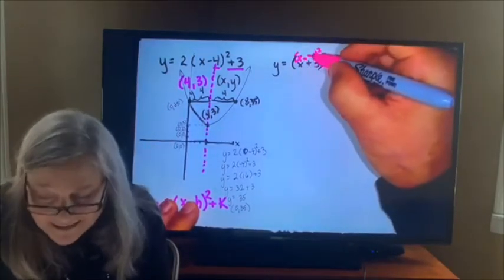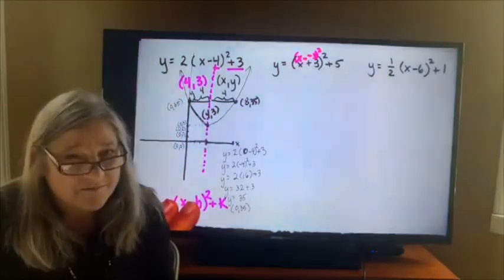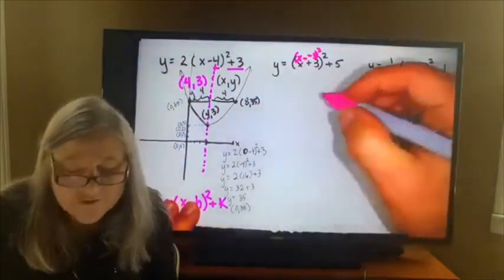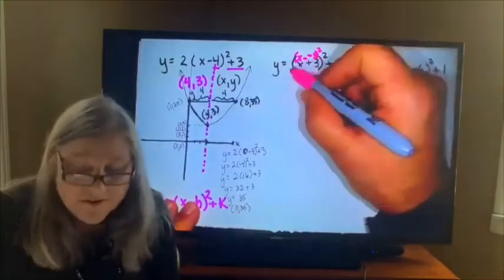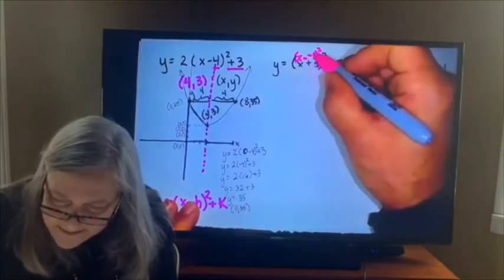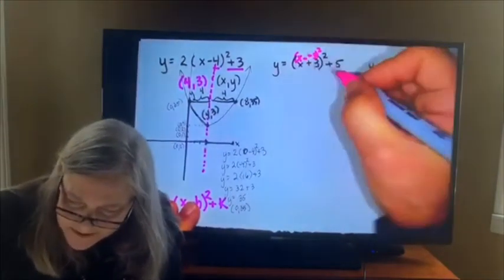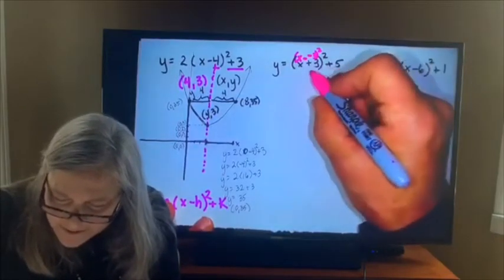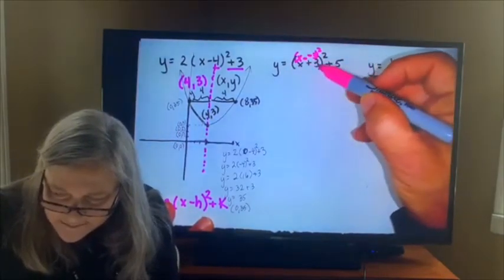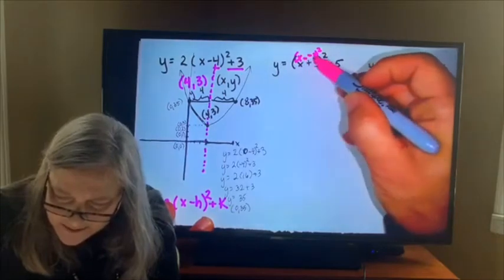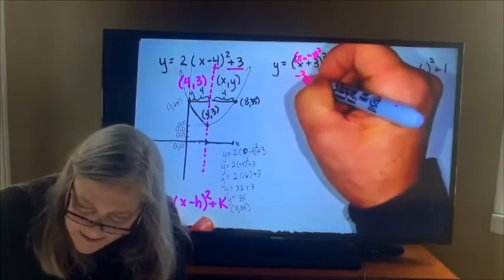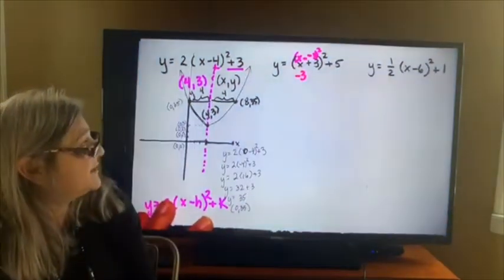Because minus a negative, now we'll do all the operations with integers on another one, so you can take a look. But that's what this becomes. So now our vertex in this one is a little bit different. Because it's not in the form x minus, we have to put it in that form. That means the x coordinate of the vertex is going to be -3.